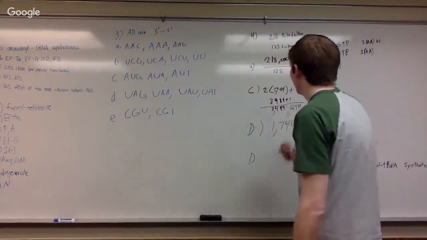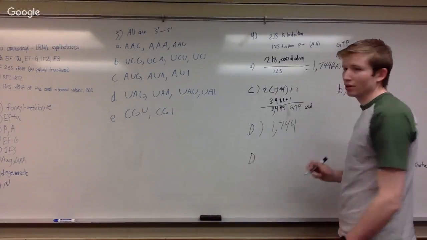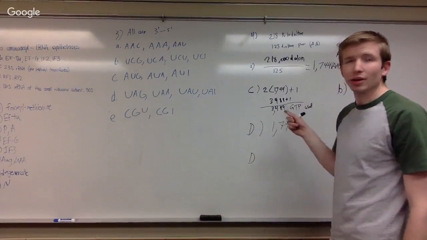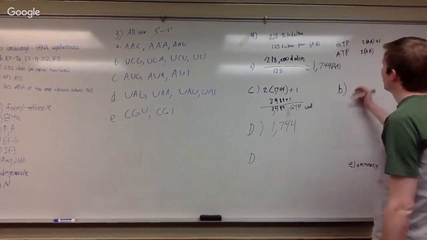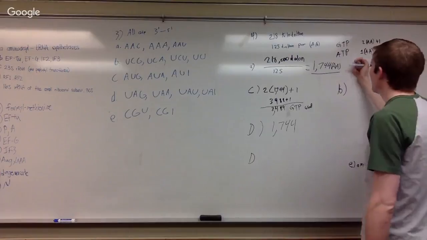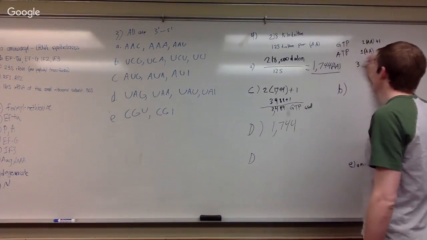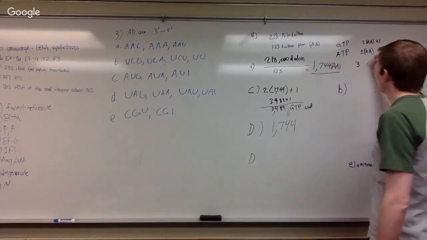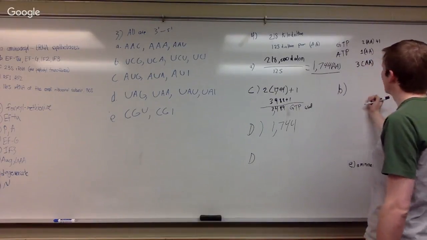For B, the one I skipped, we're trying to find the length of the mRNA, so how many base pairs it has. For base pairs, we have to take how many amino acids we have. Each amino acid is linked up to 3 bases. So we'd have to have 3 times the amino acid count.